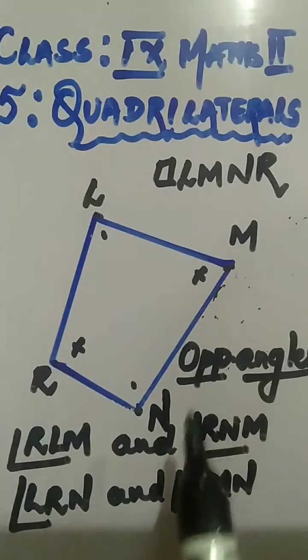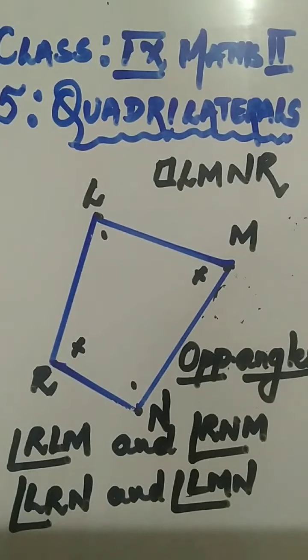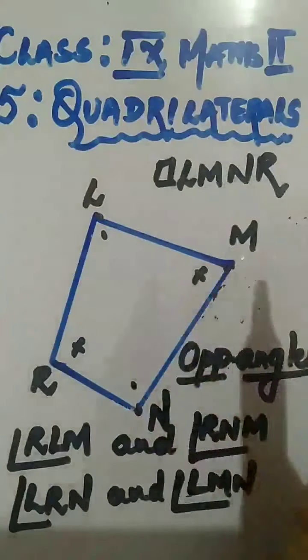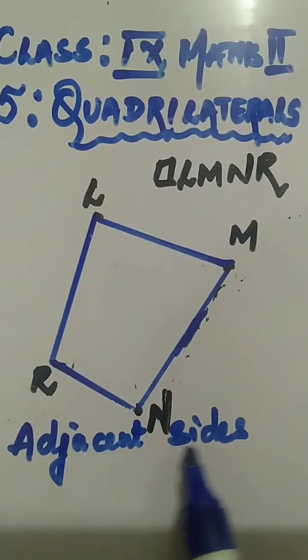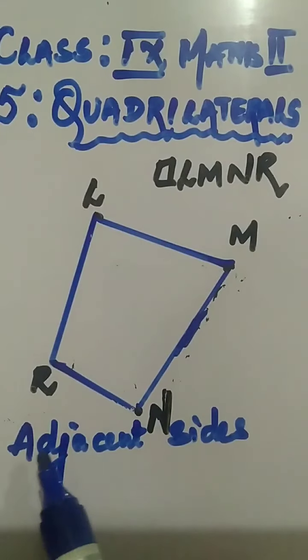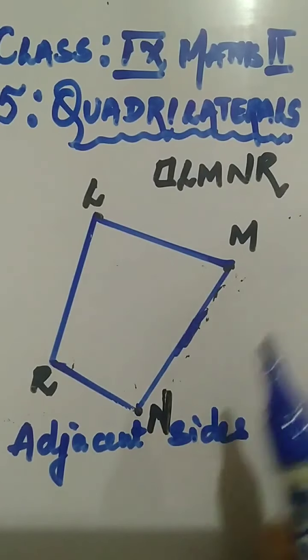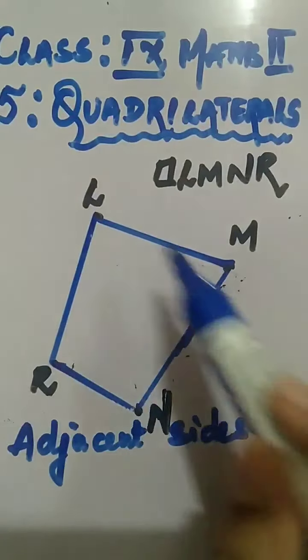After discussing opposite sides and opposite angles, now let us talk about adjacent sides and adjacent angles. Before I write, you make a note of it in your book. Write the name of the chapter. Let's talk about the adjacent sides. Adjacent sides are neighboring sides.